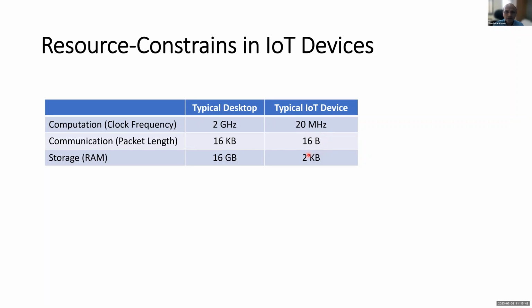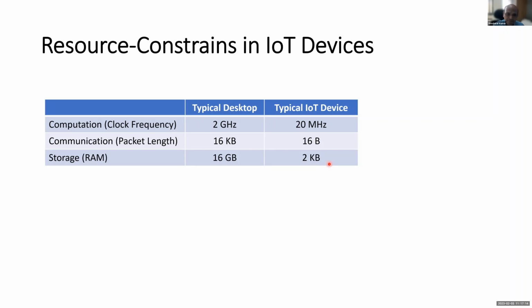So the bandwidth will also be 2 or 3 orders of magnitude lower than what we would see for a typical computing platform, typical computers or typical laptops. And then the RAM that will be utilized is significantly constrained. It is probably many more orders of magnitude lesser in this case.